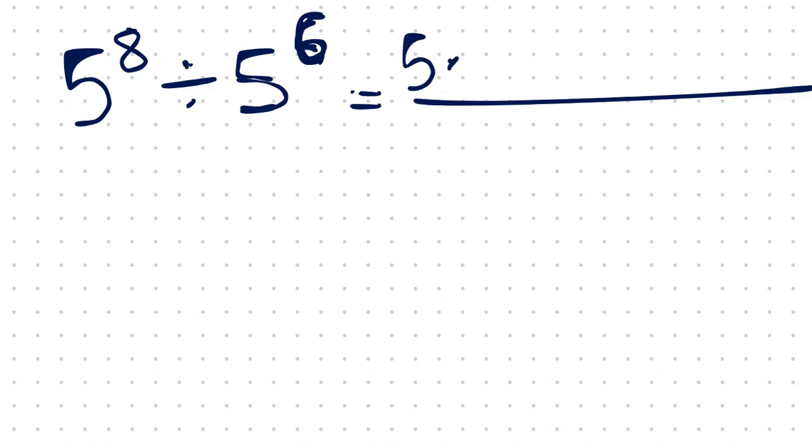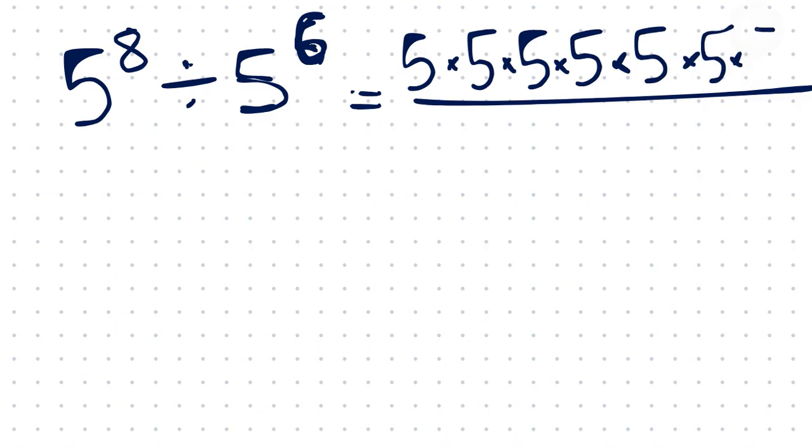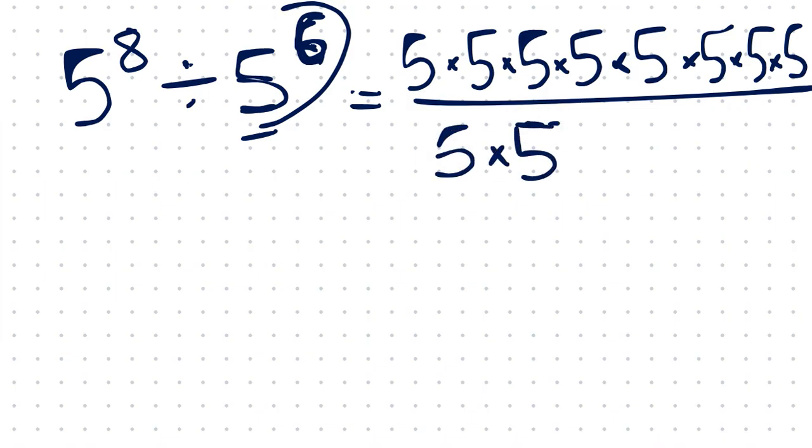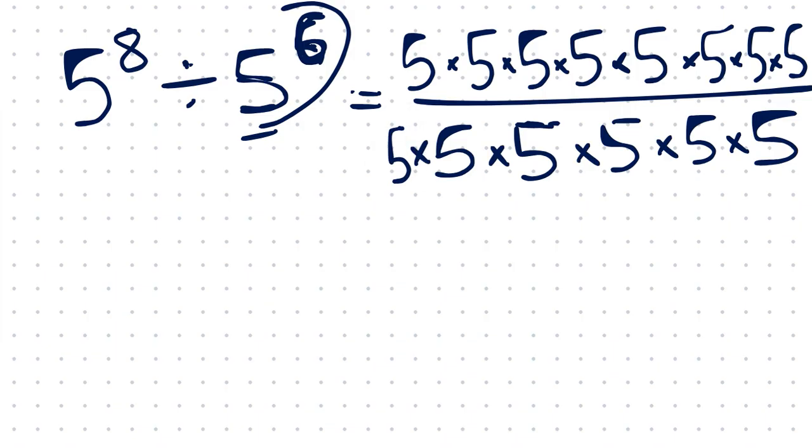So it's going to be 5, 1, 2, 3, 4, 5, 6, 7, and 8 on top. We divide this with 5 to the power of 6: 1, 2, 3, 4, 5, and one more, 6. So we have 8 on top and 6 down.